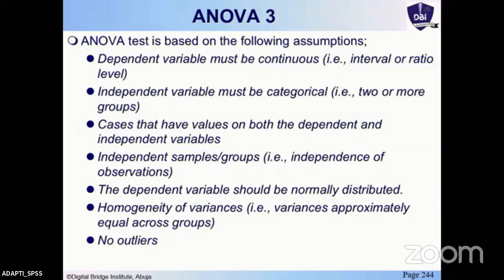So let's say your data comes in departments A, B, C, and you also have it based on the hours, so that you have just one continuous, then you have one independent or two independent. That is one-way or two-way.